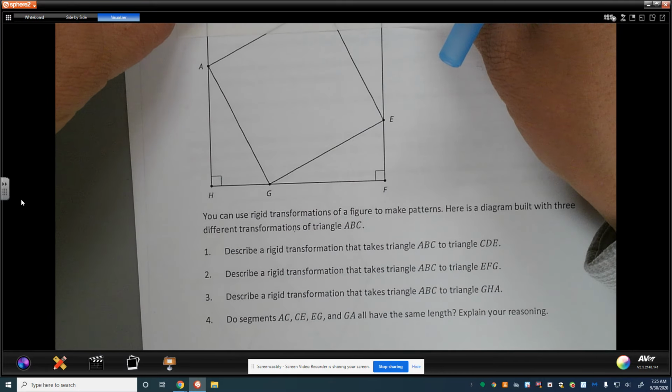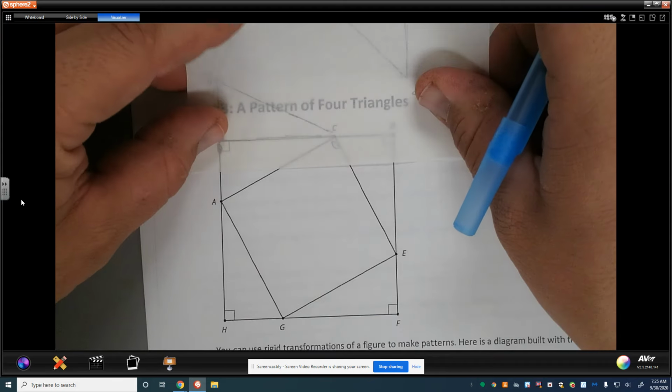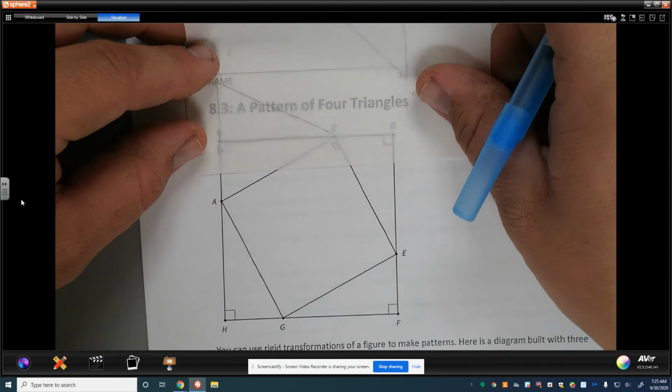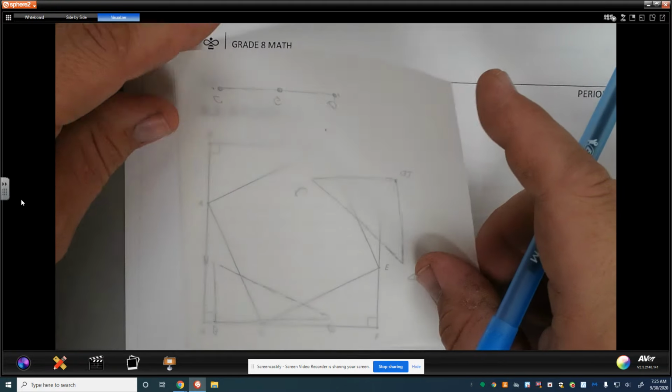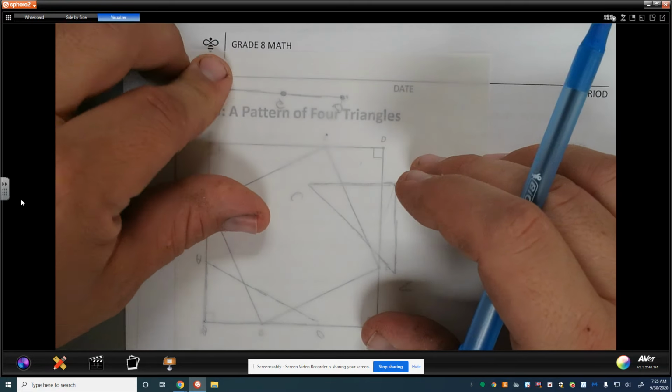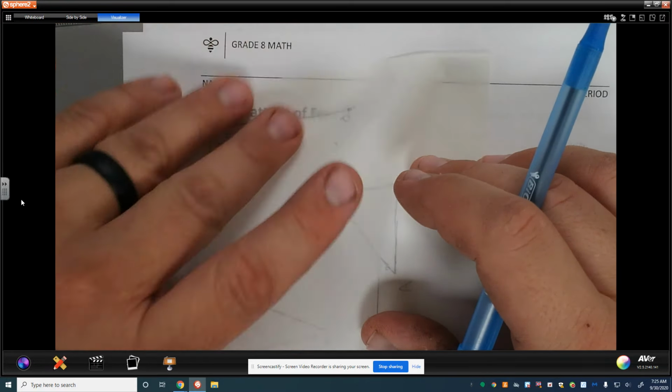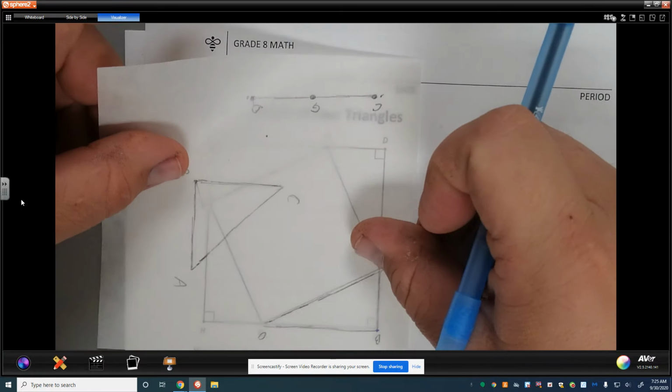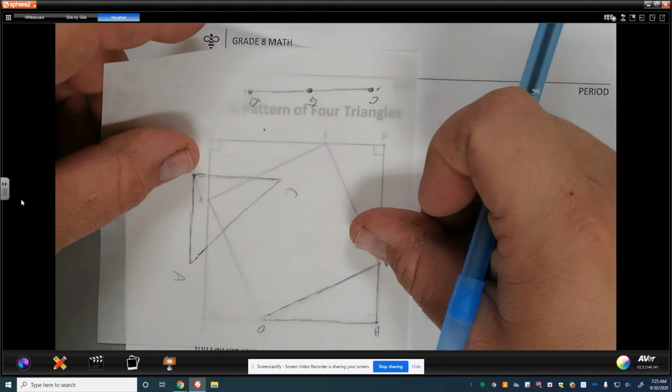Well, no, reflection didn't quite work right there across the line. So there's a reflection across segment BC. That didn't quite work to get it there. But maybe if I do another reflection across an unknown line, that doesn't really work for us, because we can't describe it.